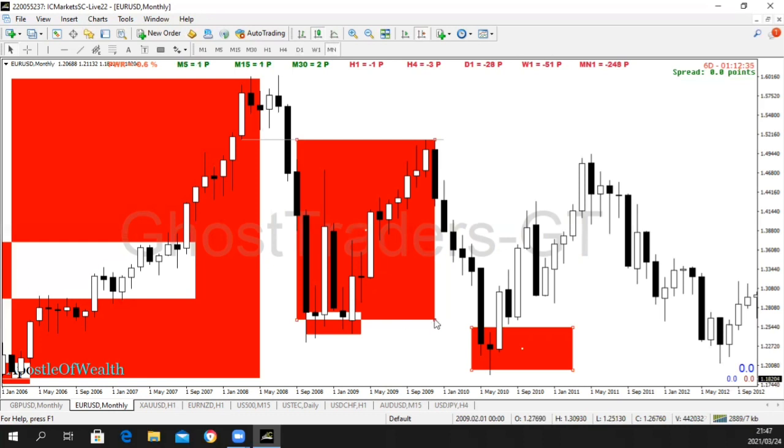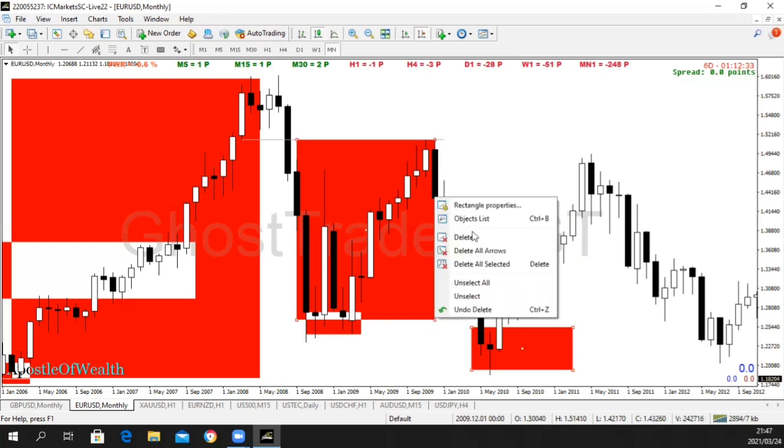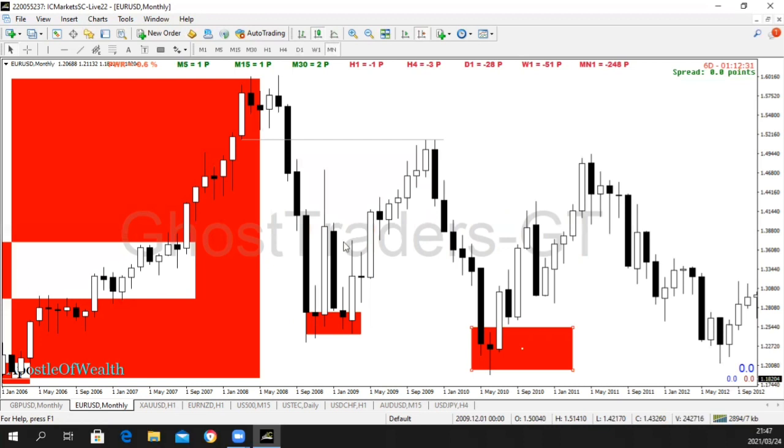The large candle with a long wick, going up. You mean this one? That one right there. So you are saying it's a mitigation. Yeah, go up to the very next candle. This one? Right there. Is that a mitigation candle right there?